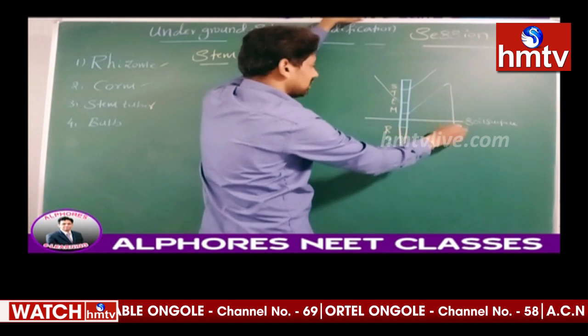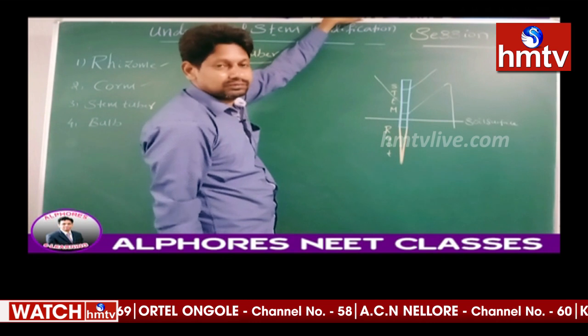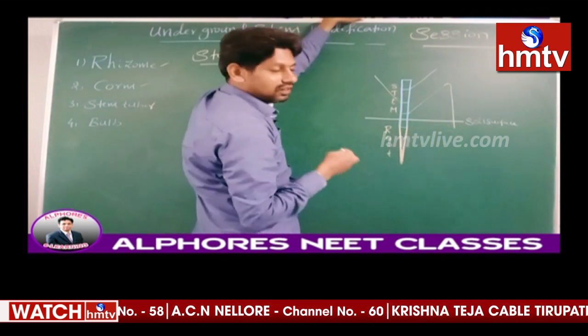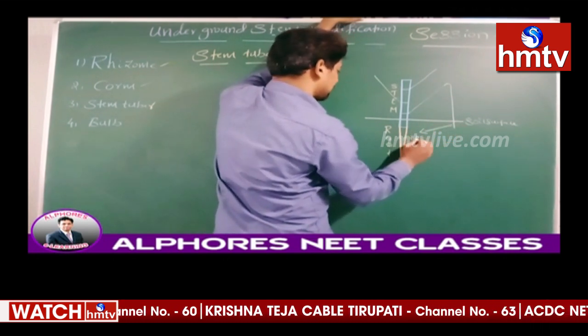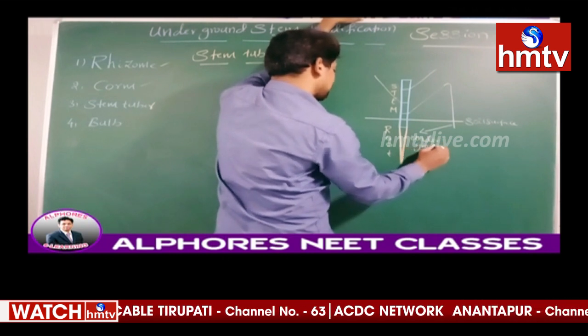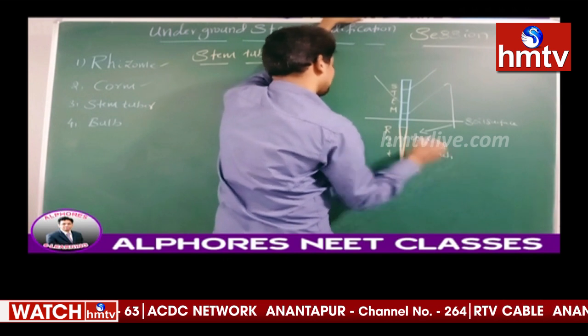They are bending towards the soil and growing into the soil. Sir, if it grows into the soil, does this branch become aerial or underground? It becomes an underground branch.